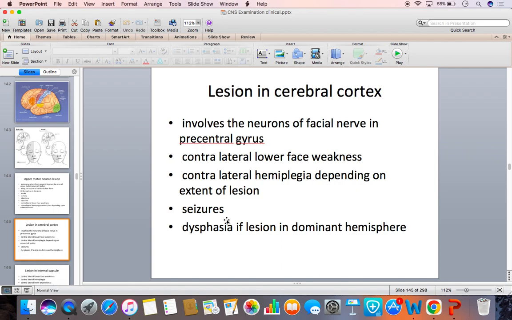Then aphasia is another presentation of the lesion in the cerebral cortex if it is in the dominant hemisphere. The center for speech is located in the dominant hemisphere, remember. And aphasia is the manifestation if the lesion is in the dominant hemisphere.